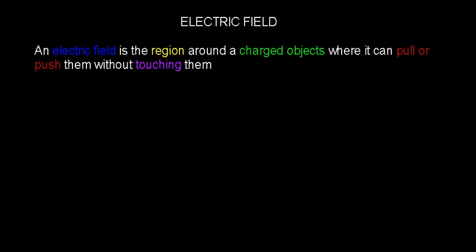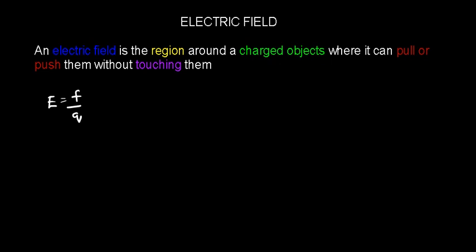Now, the first formula of electric field in equation 1 tells us that electric field is the force per unit charge, while the third formula tells us how the field depends on the charge and distance. So we have the first formula, E equals F over q.